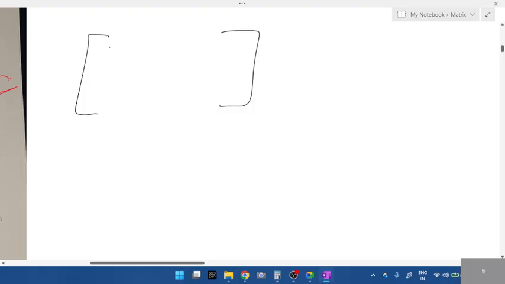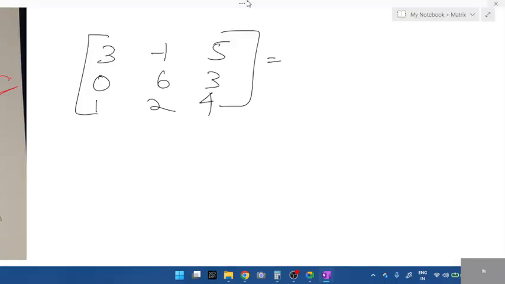You know what is the order? Order is the way the elements are arranged. That is known as order. I'll write 3, minus 1, 5, 0, 6, 3, 1, 2, 4. Now, this is known as, let me reduce 2 lines.